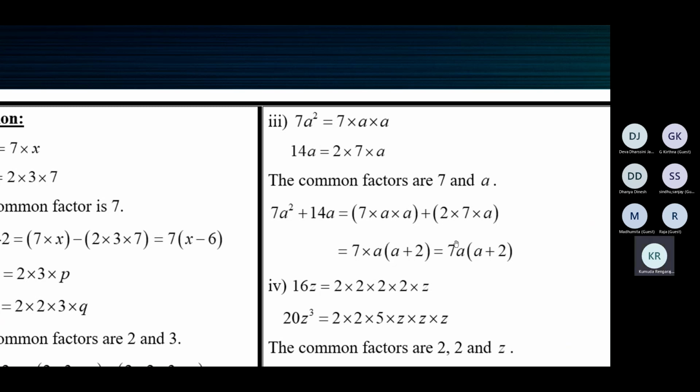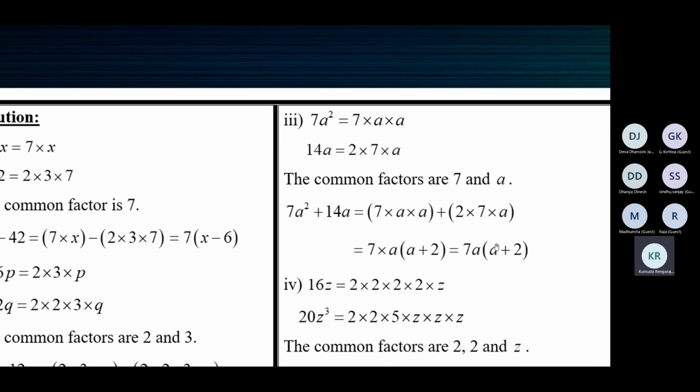You can multiply and check. 7a into a is 7a squared, the first term. And 7a into plus 2 is plus 14a, the second term. 7a is common, so if 7a is outside, then a will be the first term inside the bracket, plus 2.